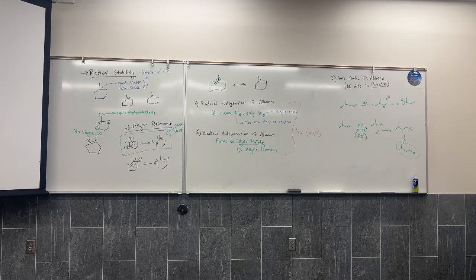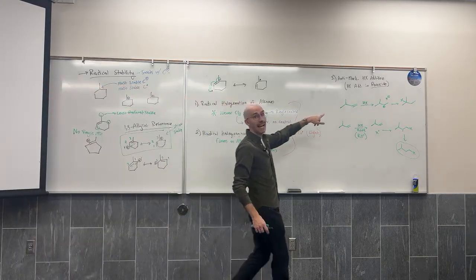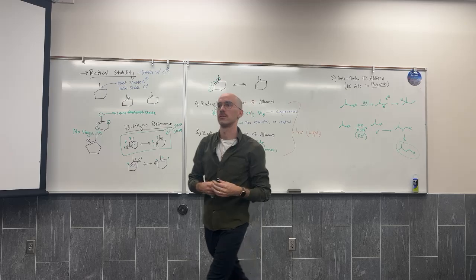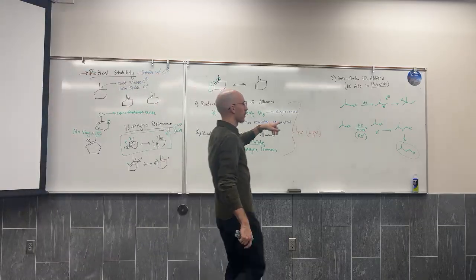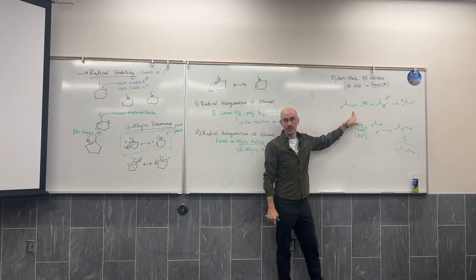So why is it anti-Markovnikov if charge is still being stabilized? Because instead of adding the hydrogen first, we're adding the halogen first. If you add the hydrogen first, that's acid-base chemistry.